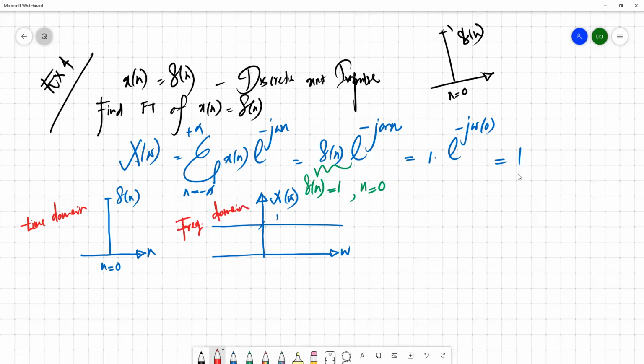Here you have a single sample. If you convert it into the frequency domain, it's a flat line. This is basically used for noise samples. In most textbooks, this is referred to as additive white Gaussian noise. If you have a time domain AWGN sample, it gives a flat response in the frequency domain.